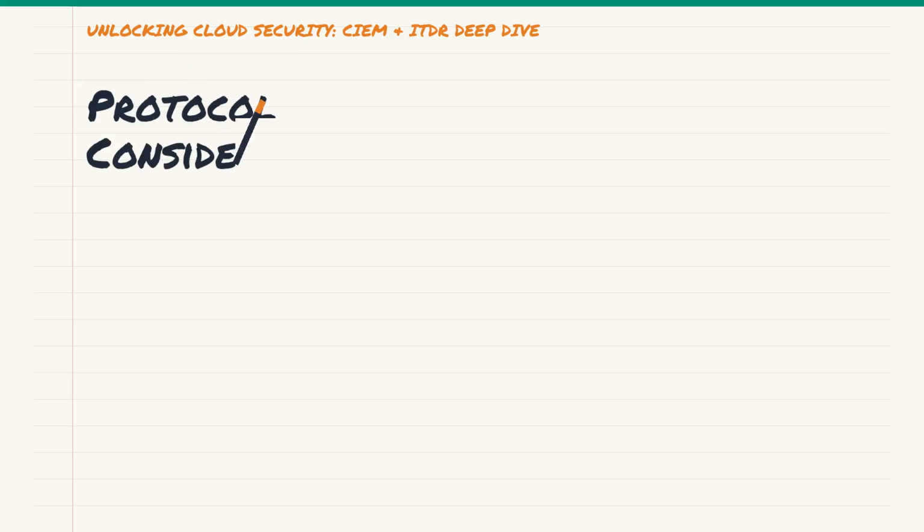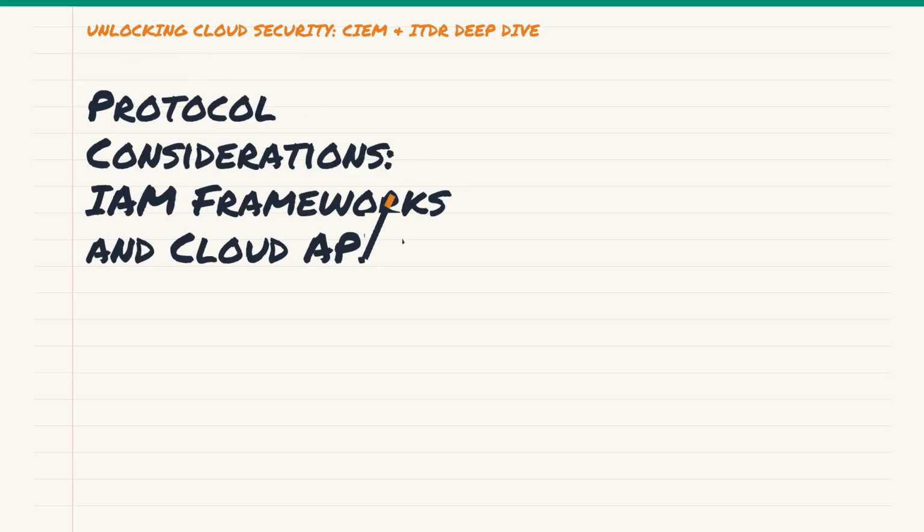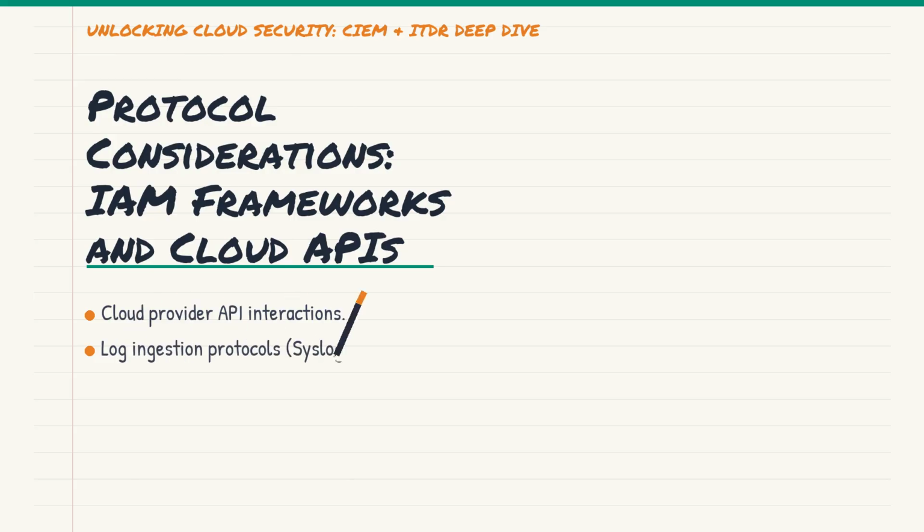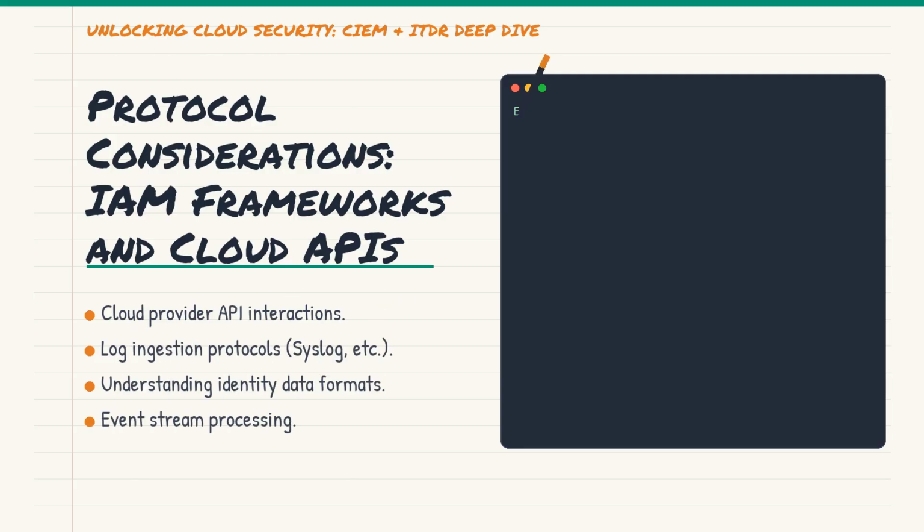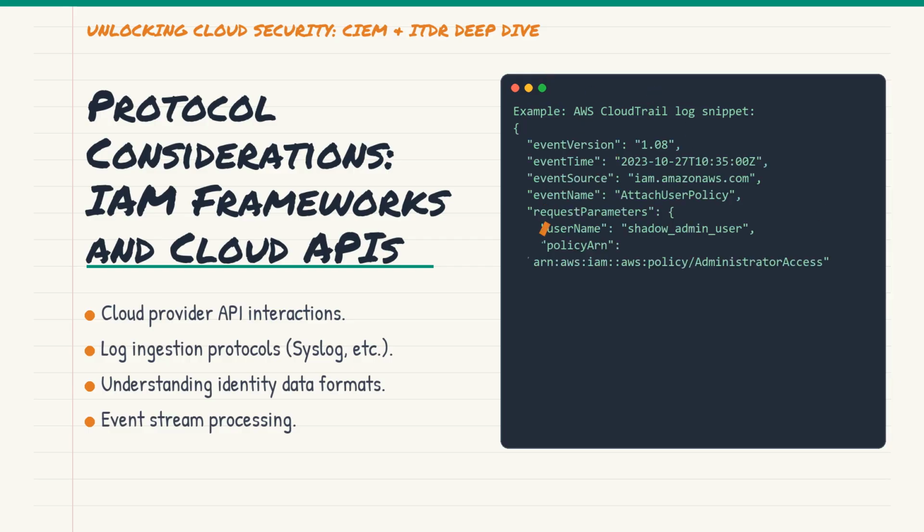When we talk about protocols for SIEM and ITDR in the cloud, it's primarily about how these tools interact with cloud-native IAM systems and services. This means understanding how tools like Azure AD Graph API, AWS IAM APIs, and Google Cloud IAM APIs function.